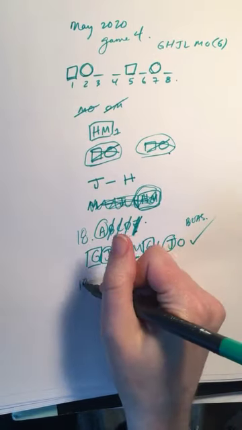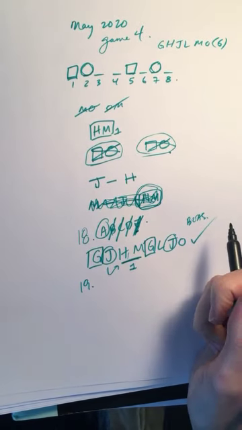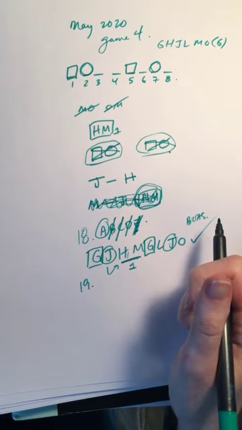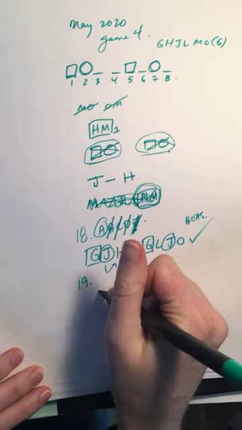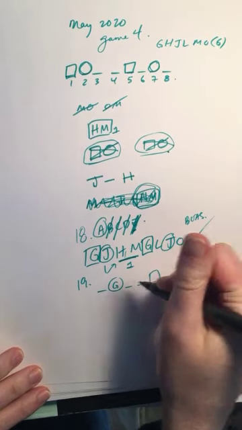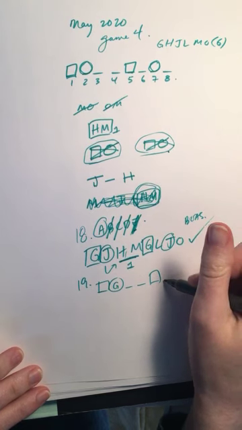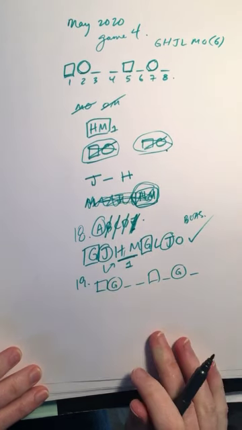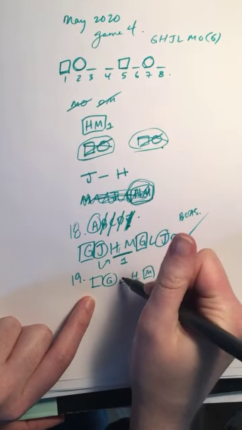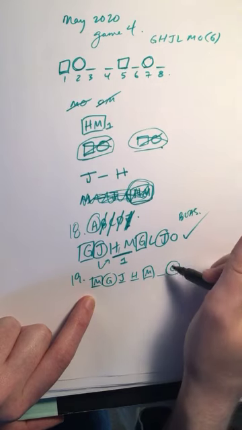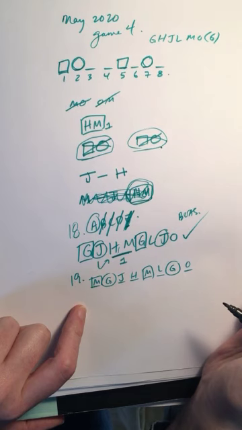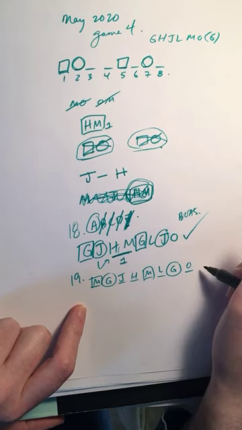Question 19 asks which one of the following must be false. So must it be false that Ghosts performs on day 2? Let's check it out. So we could have HM here, J, M, O, and L. So just creating a possible solution there, testing to see if it could be true.